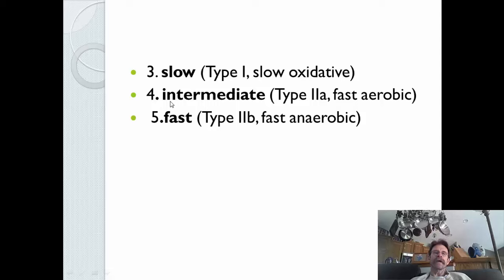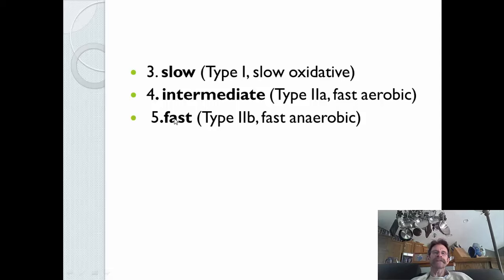There's another fiber type that's called the intermediate, and it's going to be called type 2A. Type 2A. It's fast and it's aerobic. So aerobic means that it needs some oxygen, but not as much oxygen as the slow muscle fiber type.